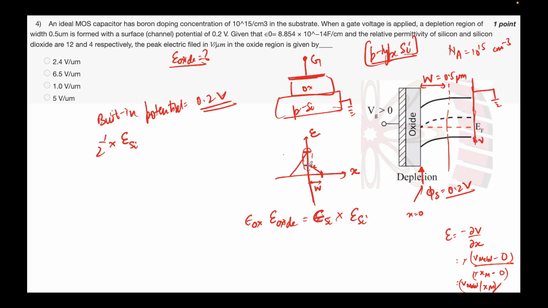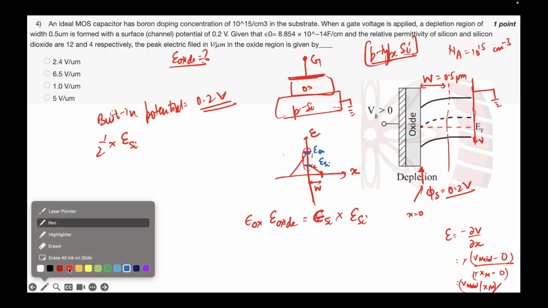This value is what I am referring to as E silicon, the peak electric field in silicon. This value I am referring to as E oxide, the peak electric field in oxide, and this will happen at the semiconductor-oxide junction.